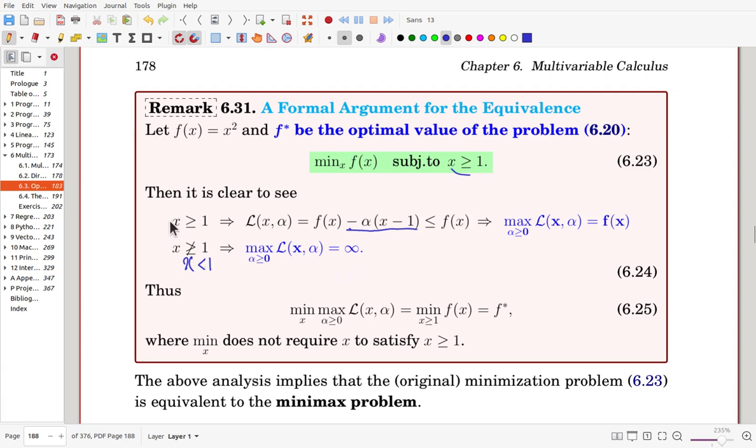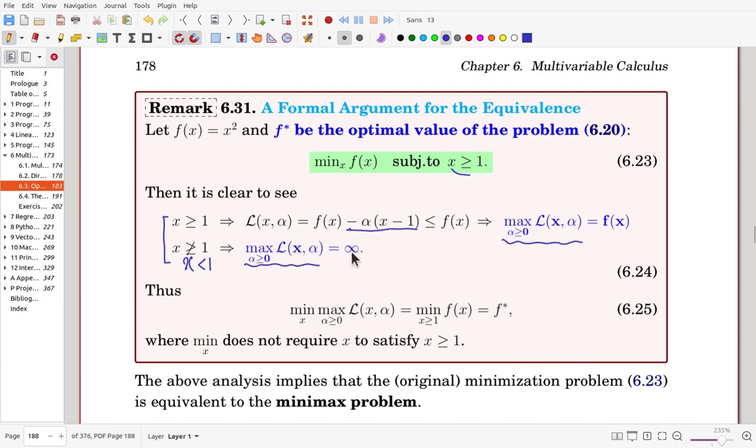So x can be either satisfying this one or that one, and for these two cases, we have this conclusion. Now, we try to minimize this term over x.